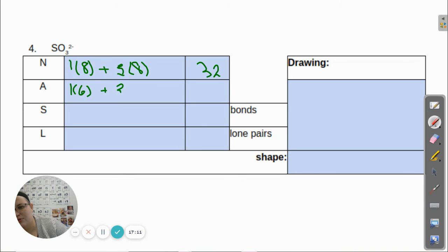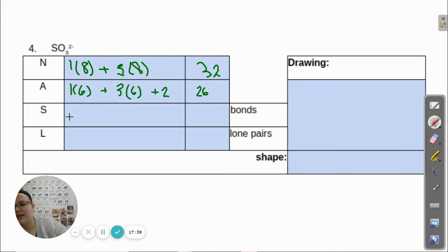And then I have 3 oxygen, and it also has 6 valence electrons. And then I'm taking my 2 and I'm adding it because it's negative. Because remember, electrons are negative. So I have 6 times 4 plus 2 gives me 26. And then everything else is still the same for your NASL.